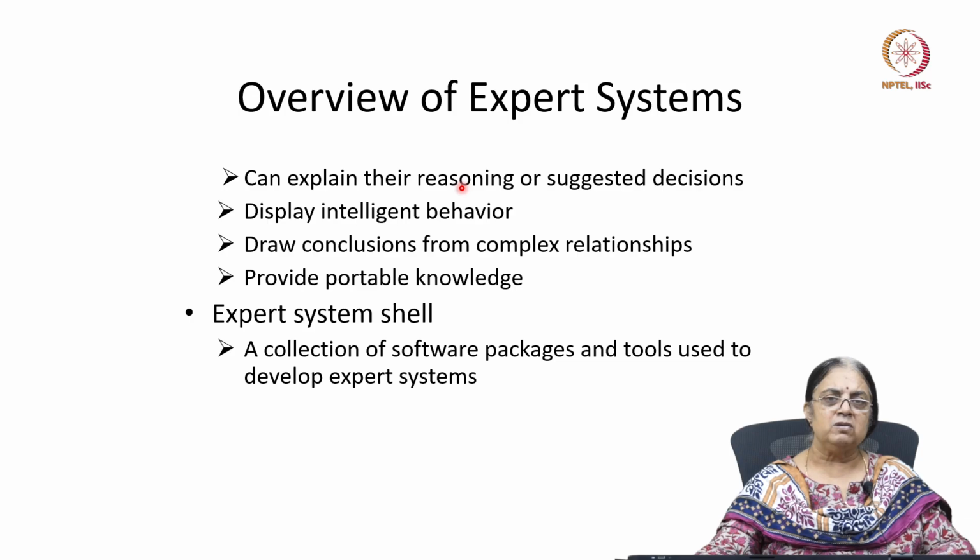You have to make a correct diagnosis. So the expert, for example the doctor, can see the explanation and have more confidence in the expert system, basically. It displays some type of intelligent behavior, and it draws conclusions from complex relationships.